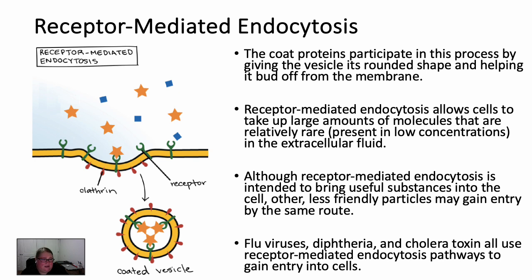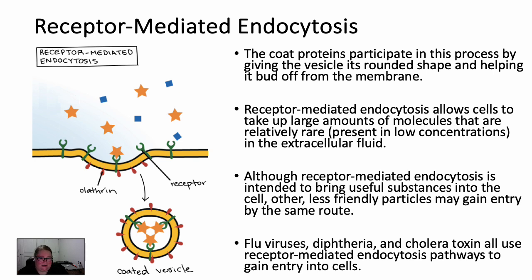But unfortunately for us, a lot of viruses and bacterial cells and toxins have evolved so that they can have a similar shape as the molecules these receptors are binding. So when this happens, instead of binding what your cell needs, it's going to bind the virus. And when enough virus and molecules have bound to these receptors, it's going to signal to the cell that it needs to bring this coated pit in.